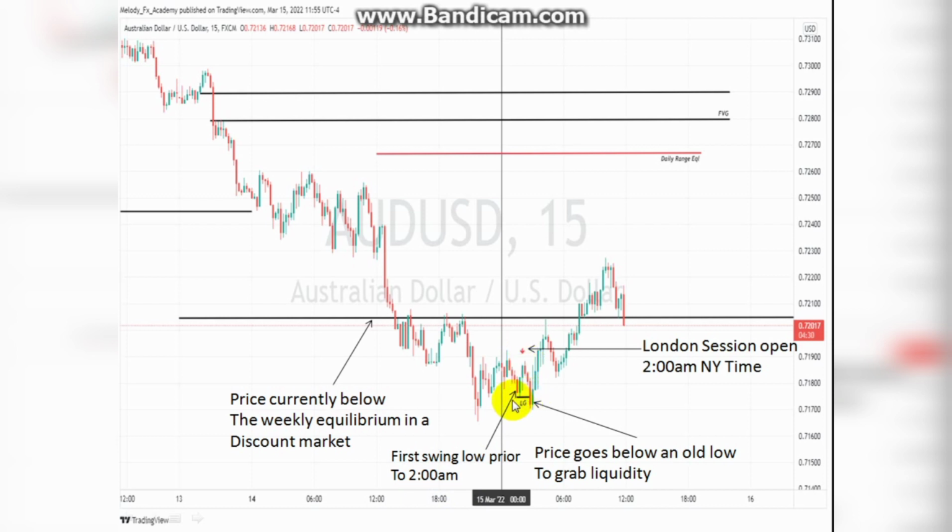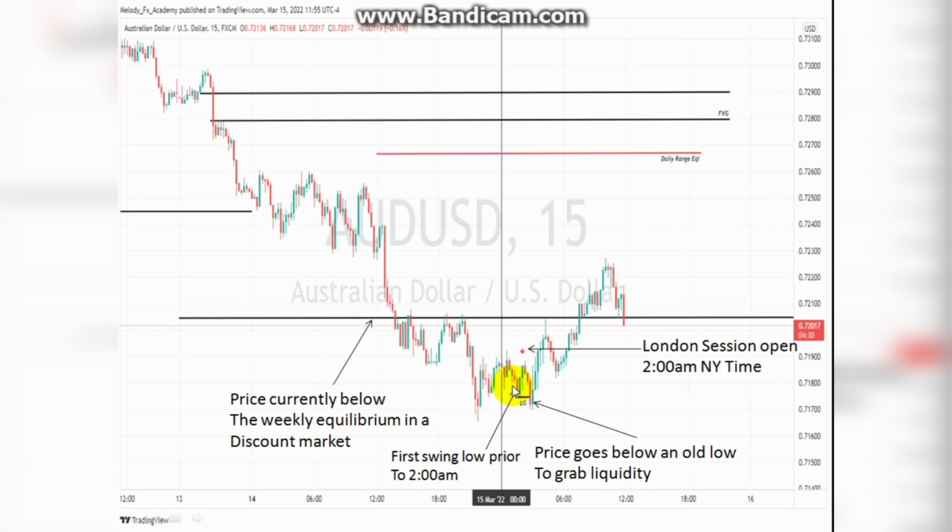Now if we are anticipating price going higher, we should expect some level of stop hunt on sell side liquidity, which is what happened here. So prior to the London session, if we are anticipating higher prices, we look for the first significant swing low, which is this.